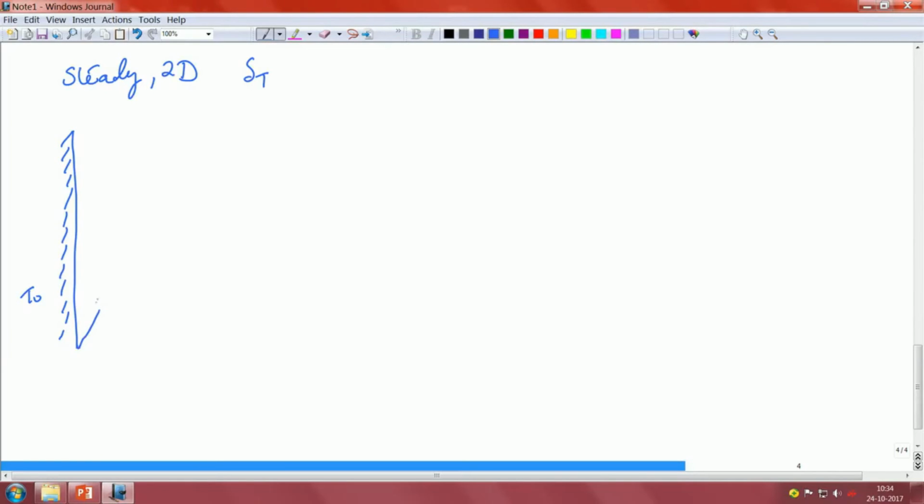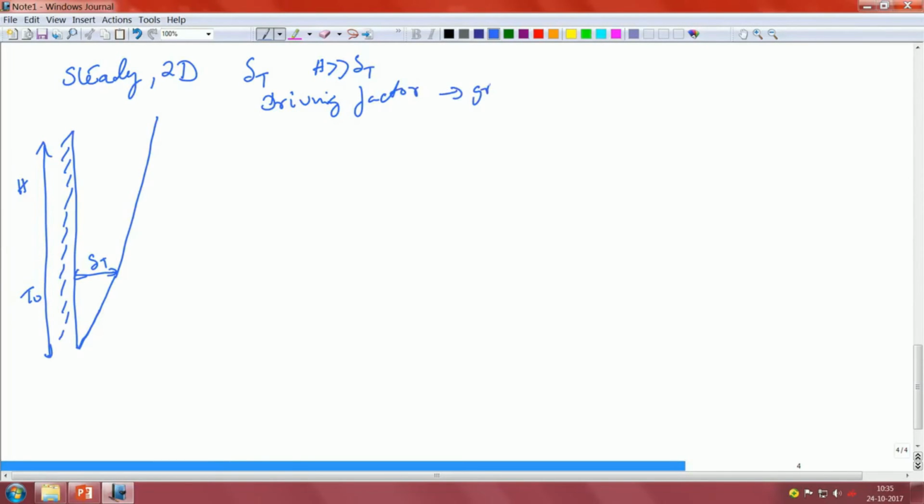So, let us assume this for the time being. This is your delta T, H being the height. So, H is much greater than delta T. Here the driving factor, as we mentioned earlier, is gravity plus the density variation.